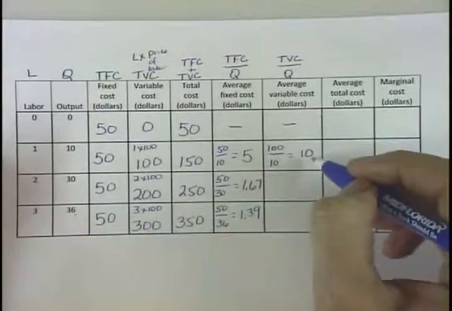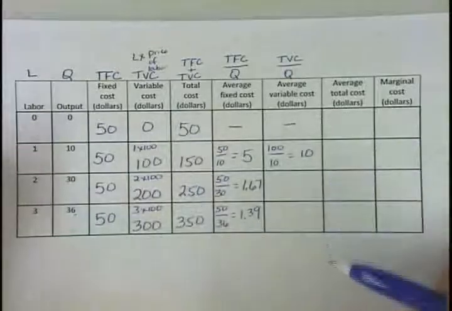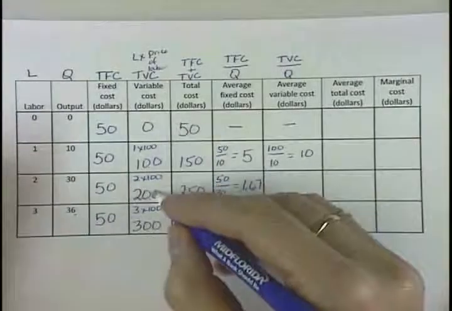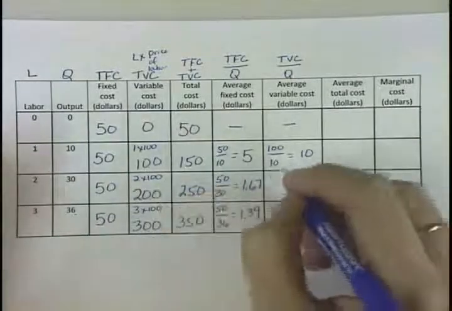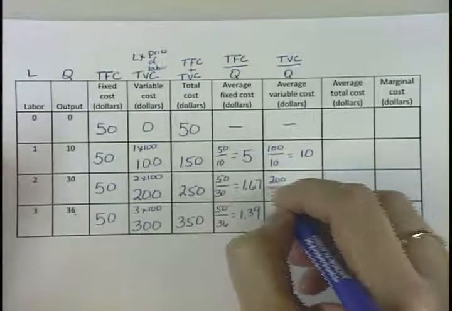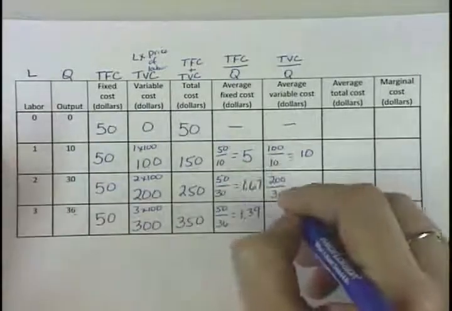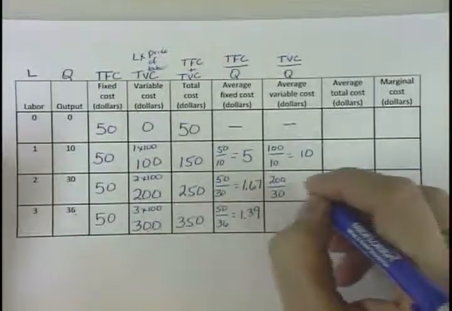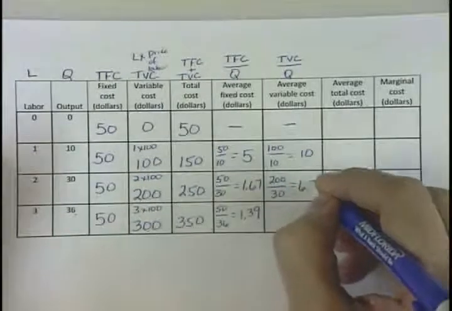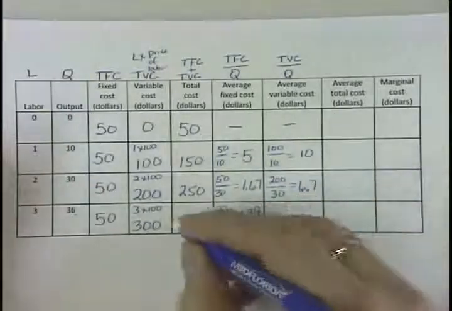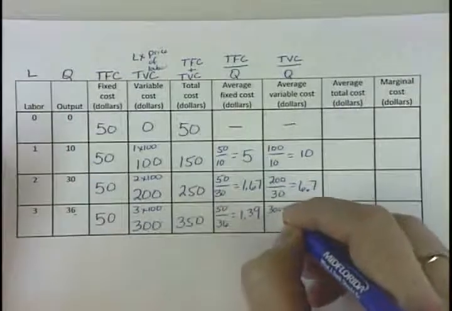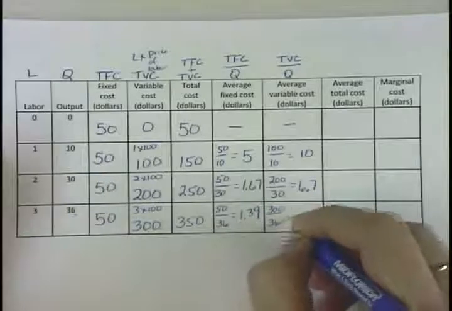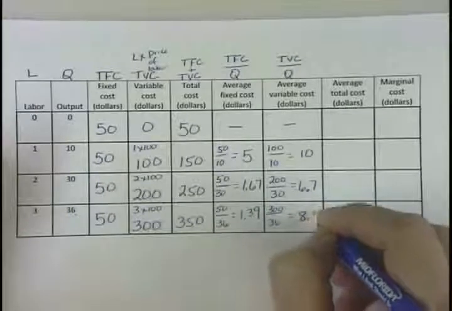So our average variable cost with 1 unit of labor is 10. Then for this unit of labor, we have 200 as our total variable cost. We're producing 30 units, so 200 divided by 30 should be 6.7. And then 300 divided by 36 should be 8.3.